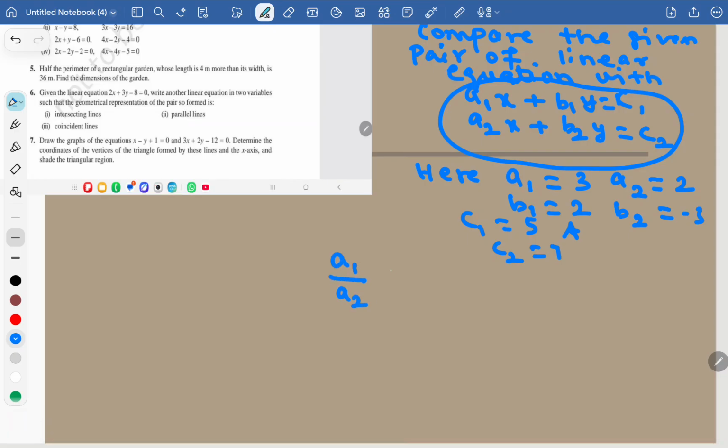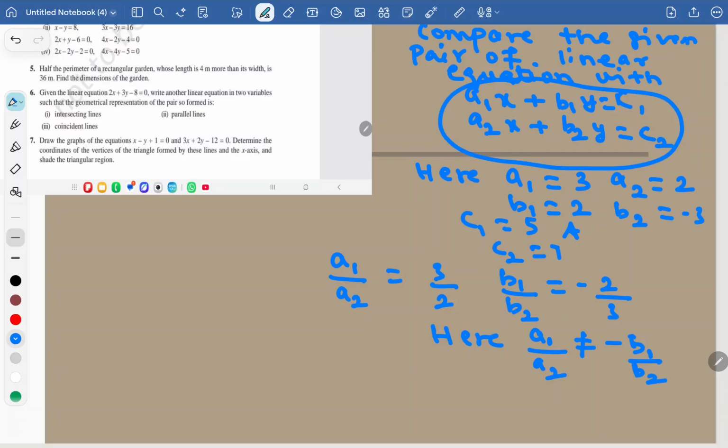a1 by a2 is 3 by 2, b1 by b2 is minus 2 by 3. Here a1 by a2 is not equal to b1 by b2, because here 3 by 2, here minus 2 by 3, both are not equal.